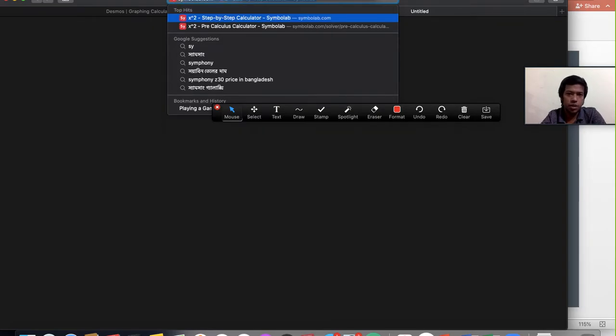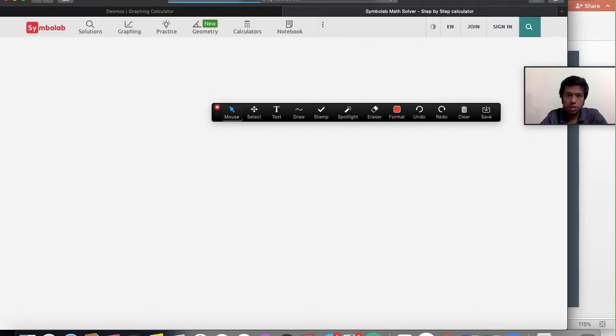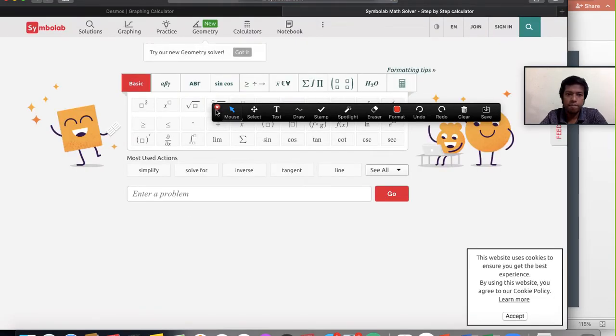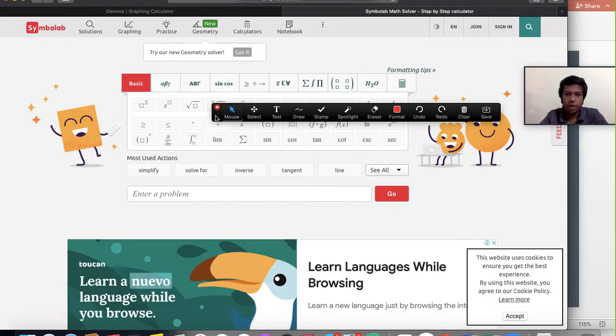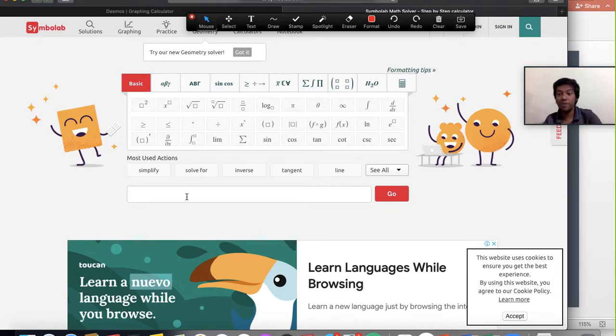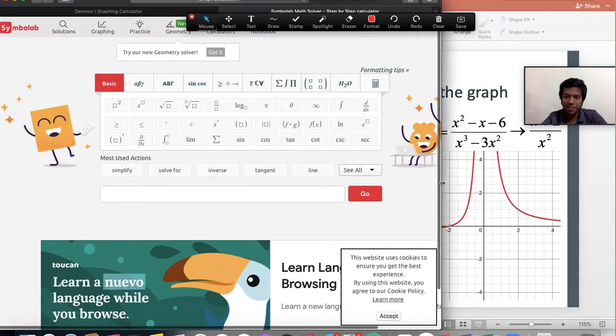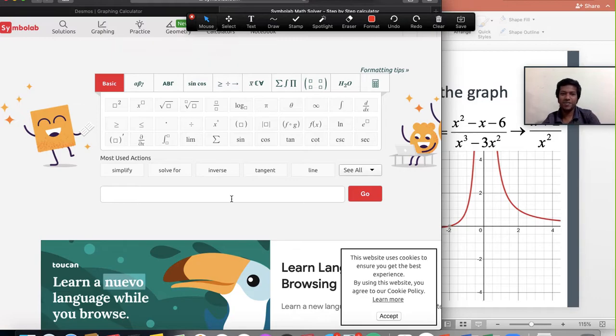Symbolab is another very good online website where they also draw. And this is actually heavily powerful. Symbolab is too powerful. Actually, I should not show you all these tricks that Symbolab has, because you will be like, now I know where to find this and that.